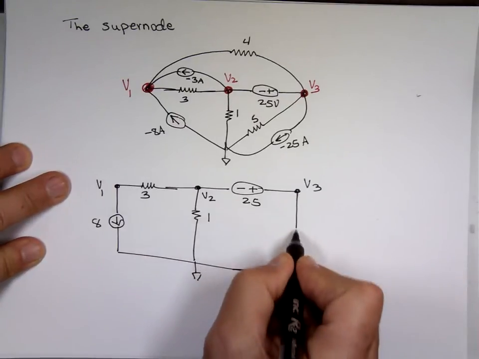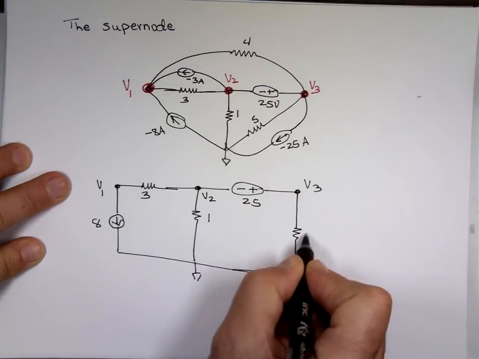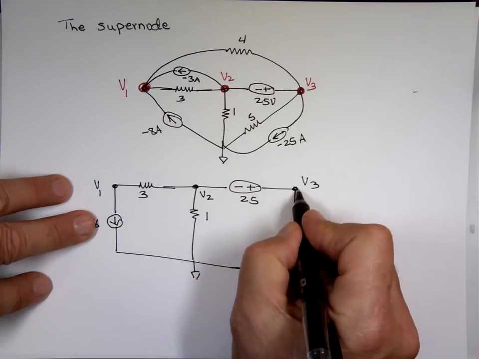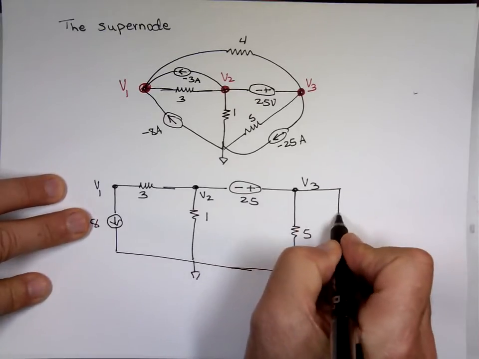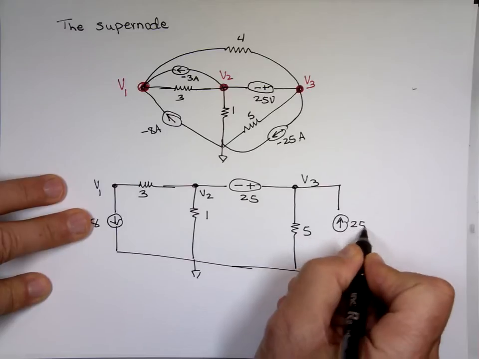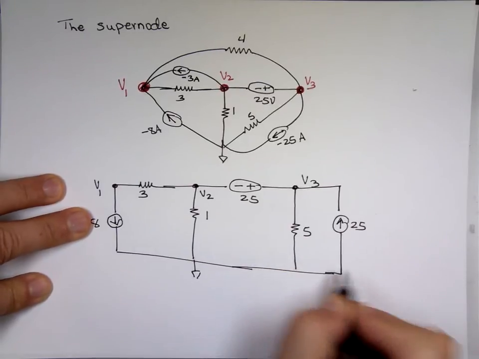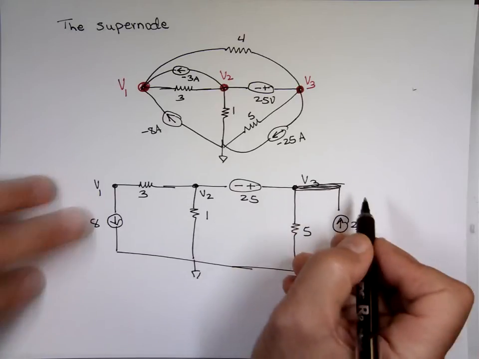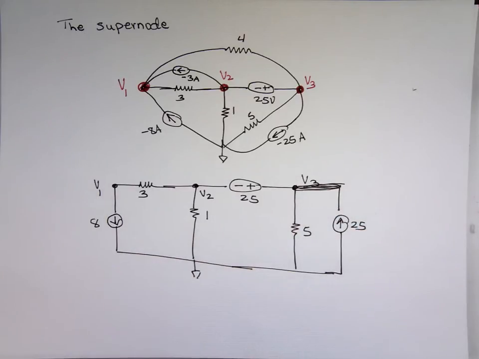So here's that 5 ohms. I also have that current source. It was pointing down, and I'll make it pointing up with the value of 25 amps. So V3 is really this end. This is V2 and that's V1.